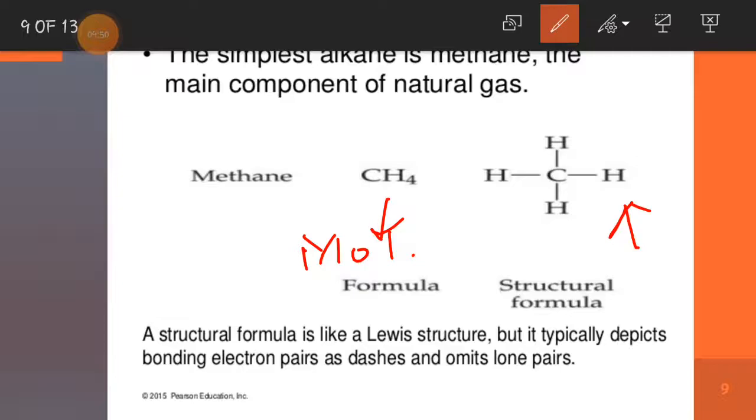What is a structural formula? A structural formula is like a Lewis structure, but it typically depicts the bonding electron pair as dashes and omits the lone pairs. What are lone pairs? Lone pairs are basically the non-bonding electrons. Here these lines are representing the bonding electrons.